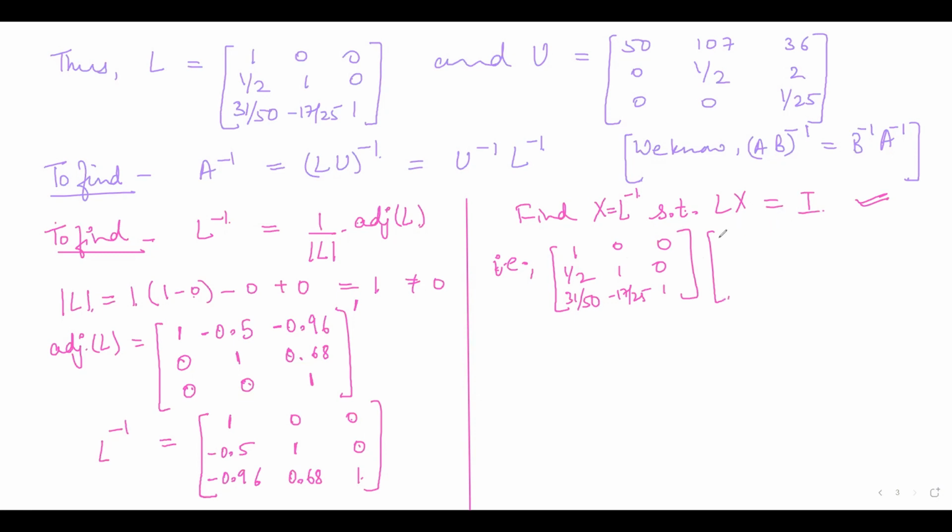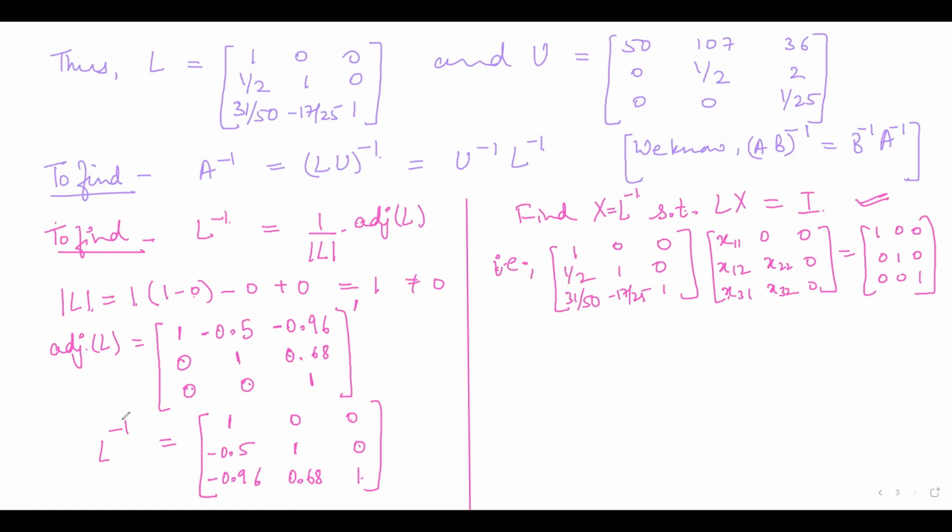And this would be x11, 0, 0, x12. So this is what we are getting. So clearly X would be an upper triangular matrix.